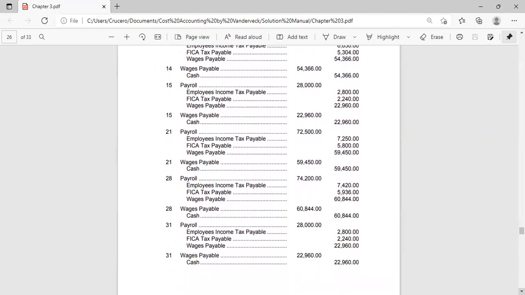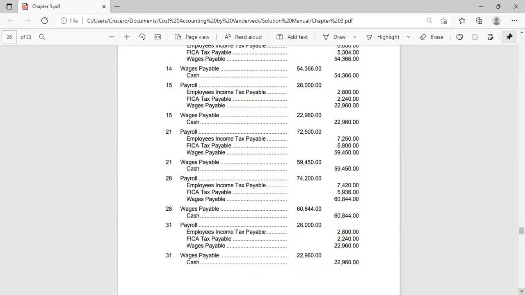Now here, on the 31st, we have recorded administrative salaries of 10,000 and sales salaries of 18,000, less deductions. So on January 31, debit payroll, credit employees' income tax payable, and then credit FICA tax.